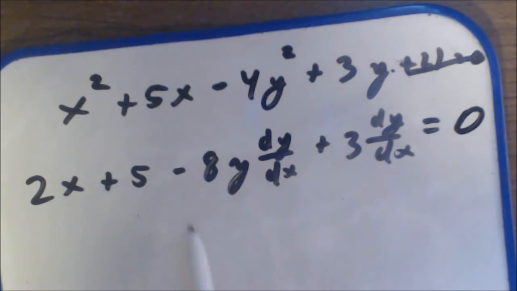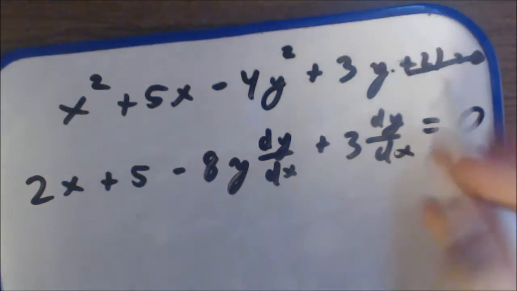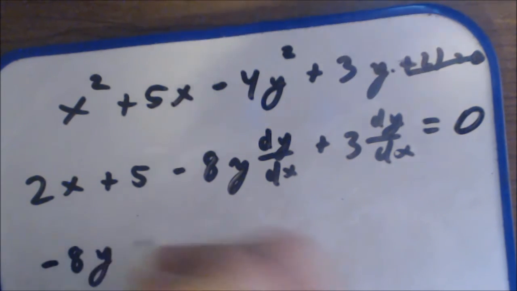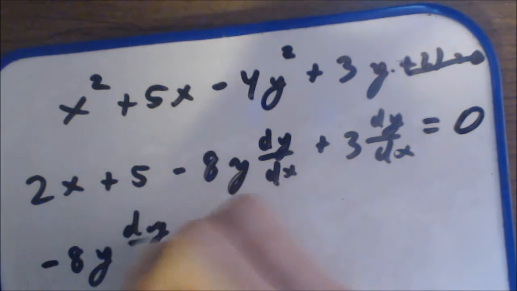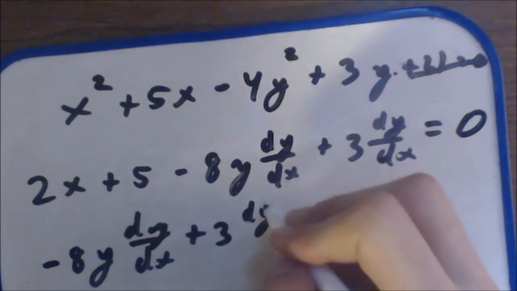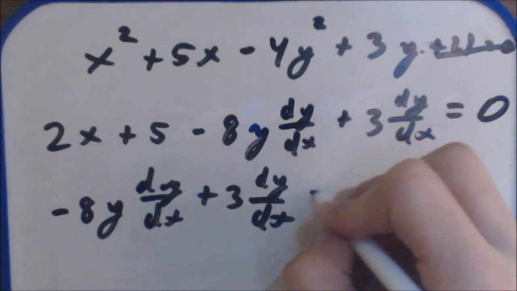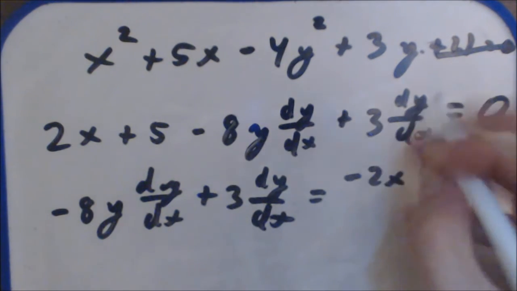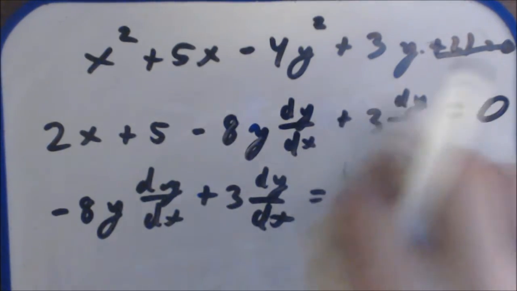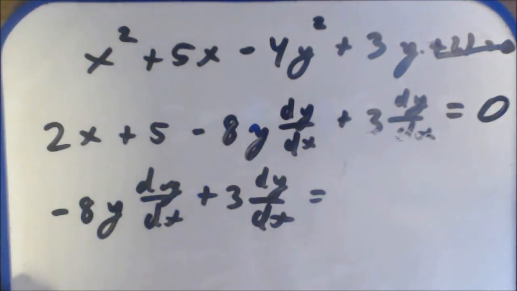Now we're going to bring over the 2x and the 5. So negative 8y dy dx plus 3 dy dx is equal to negative 2x minus 5.